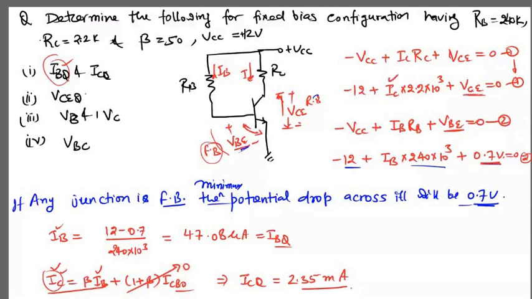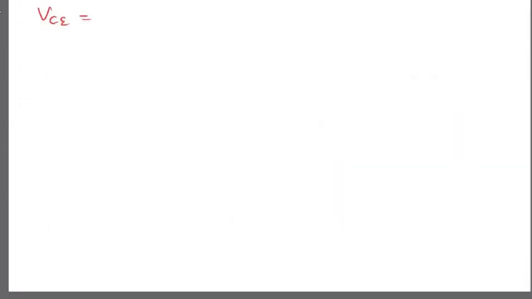So from equation number two, we'll calculate VCE. So VCE will be 12 minus 2.35 multiplied by 2.2, and it will become 6.83 volt. This is VCEQ.